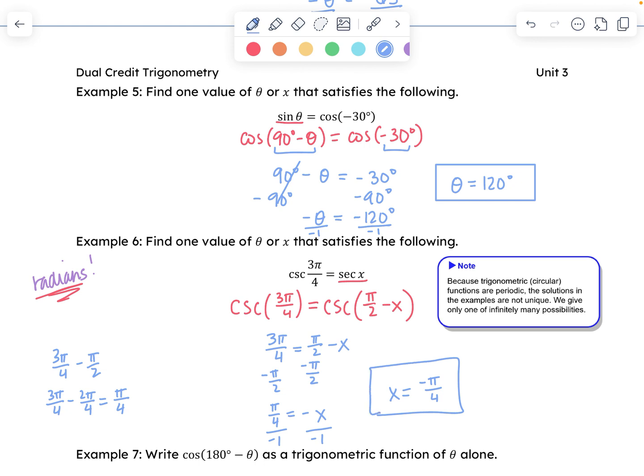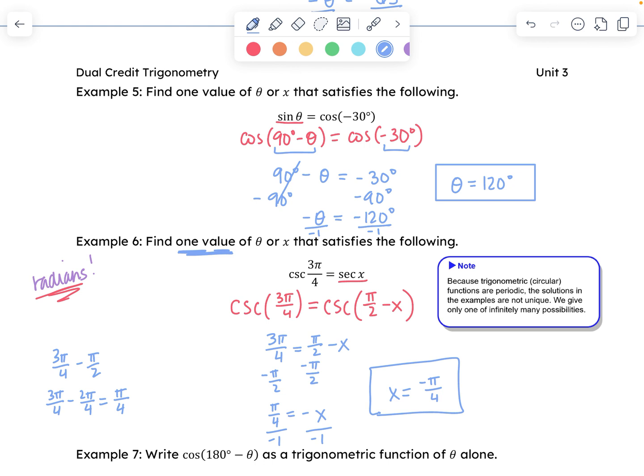And then there is a little note here. It says because trigonometric or circular functions are periodic, the solutions in the examples that we've done are not unique. We are finding one value of theta or x, but there are infinitely many possibilities. Remember, you can just add 360 degrees or add 2 pi, and you will keep finding more answers because they keep going around the unit circle.